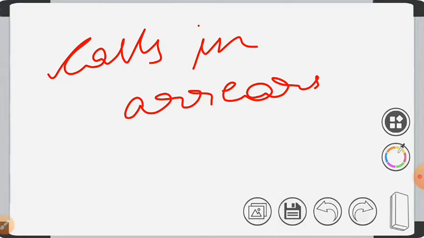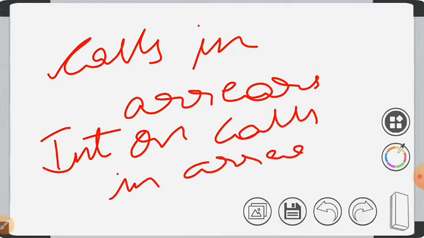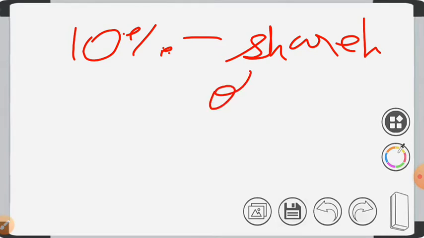So what is the interest on calls in arrears? The interest on calls in arrears would be 10%. It has to be borne by the shareholder for his non-payment of the installment declared by the company.